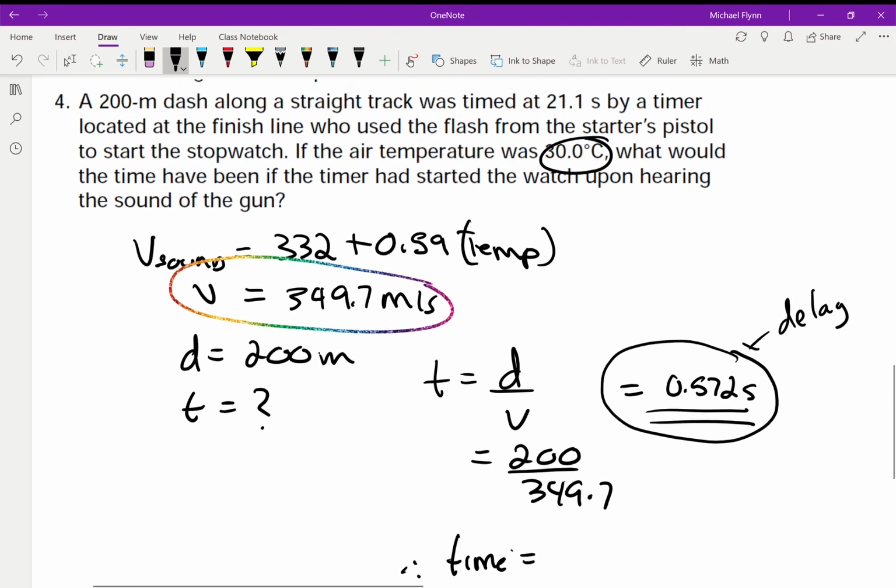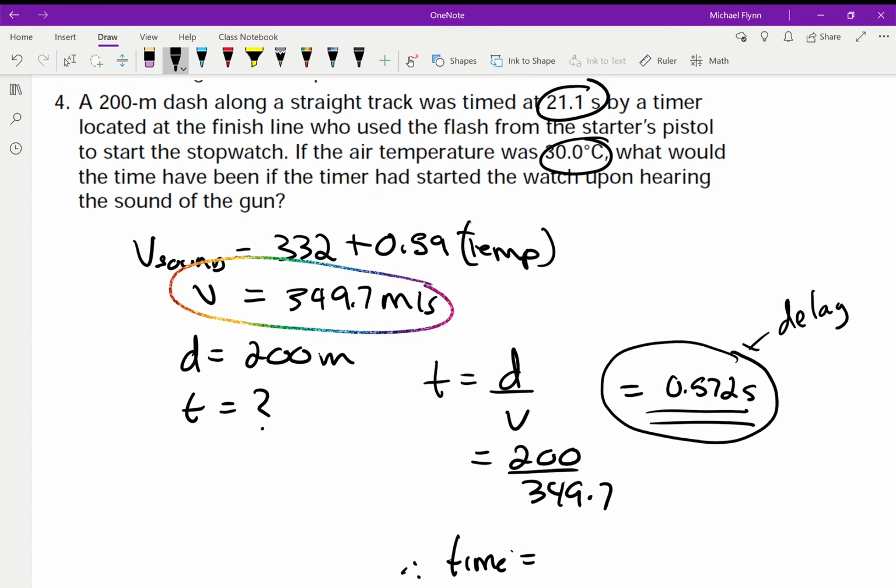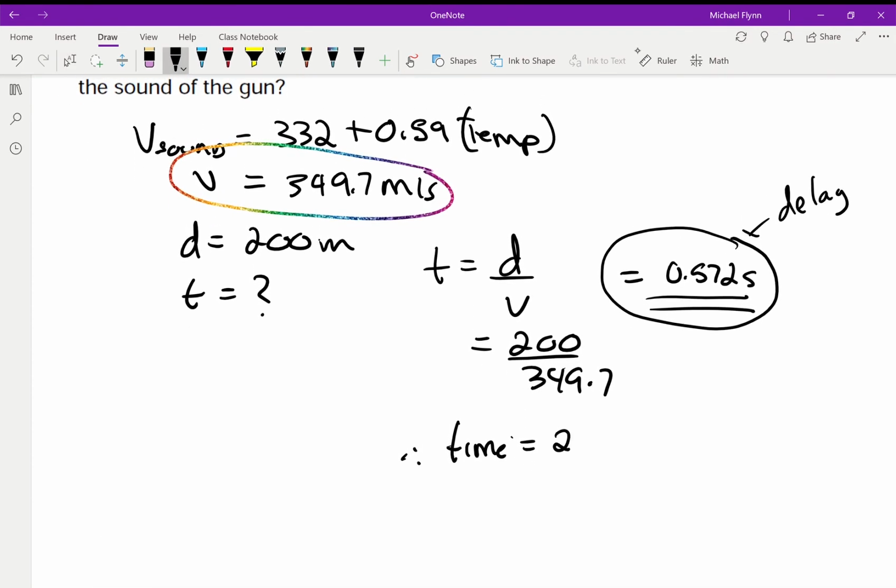It'll equal the time that they actually did, which is 21.1 seconds, but then you're going to have to subtract the 0.572 seconds delay of starting the watch. It's almost as if you started your watch late, so by the time you stop the watch, he had already started running, and it's going to seem like he ran it in less time. We have to subtract that delay.